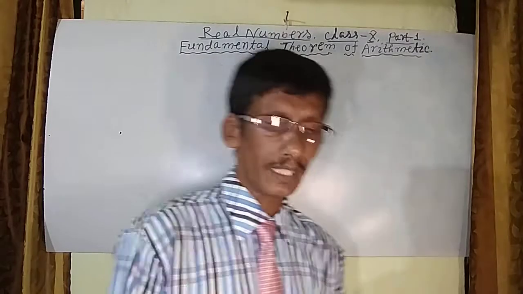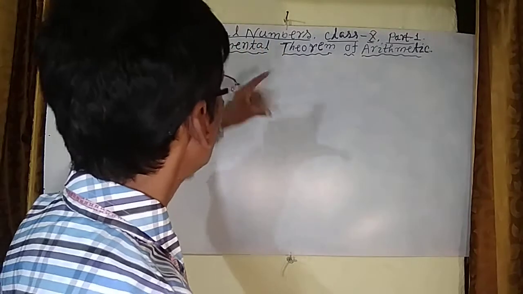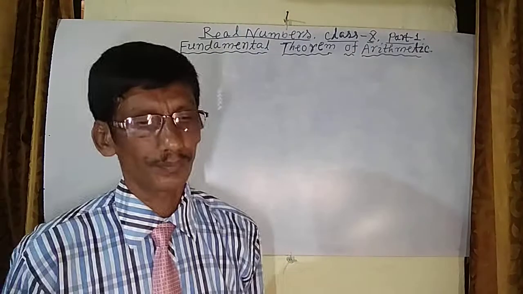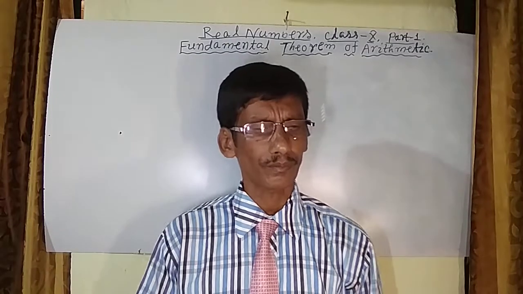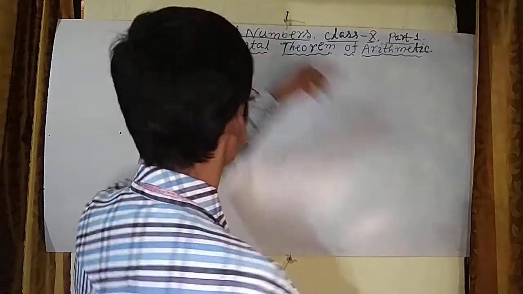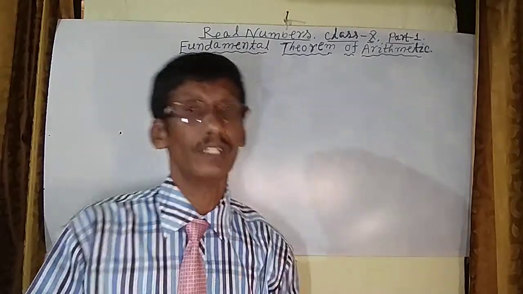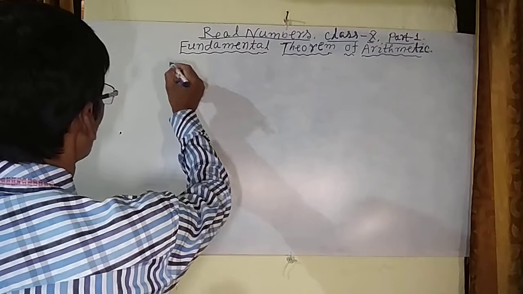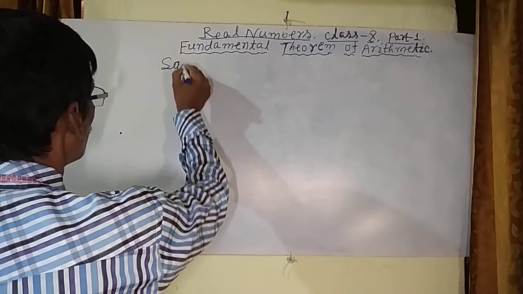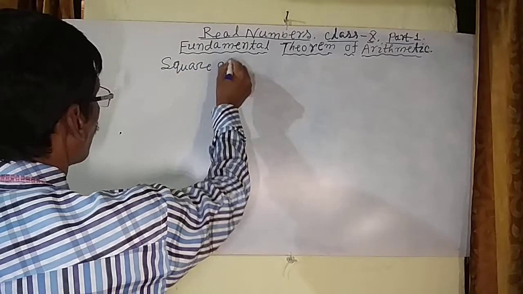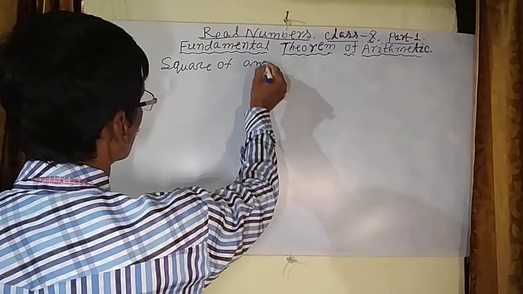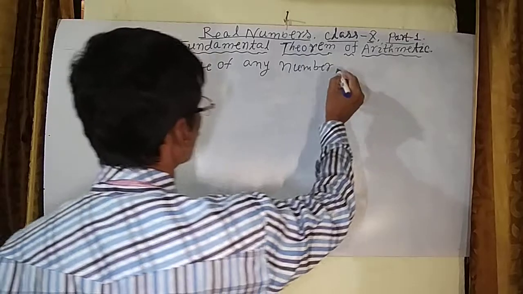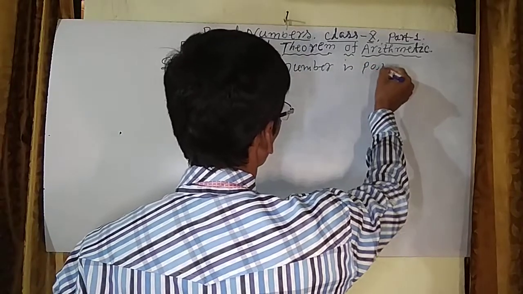This chapter name is real number, okay, and one topic is fundamental theorem of arithmetic in the new syllabus. First of all, I discuss about the real number, which numbers are called the real numbers. So square of any number is positive.